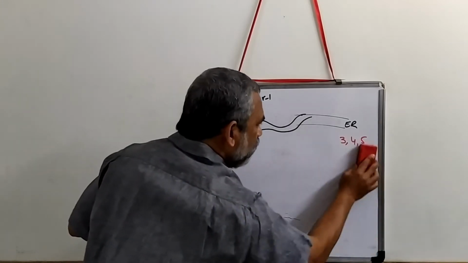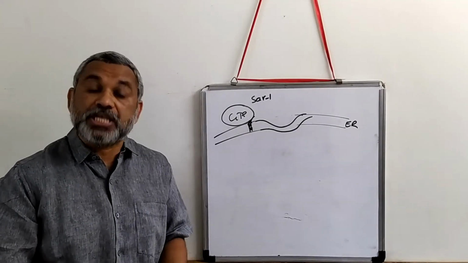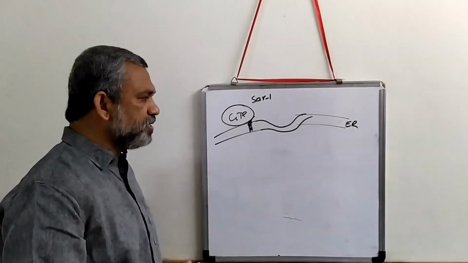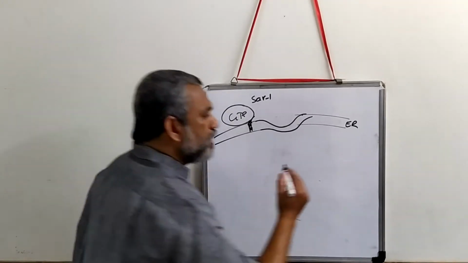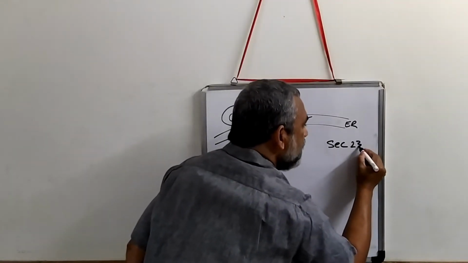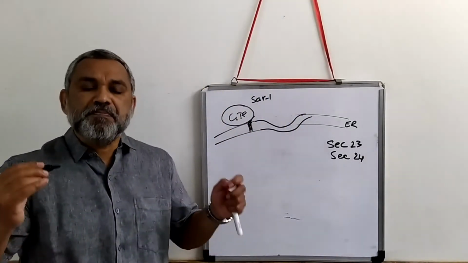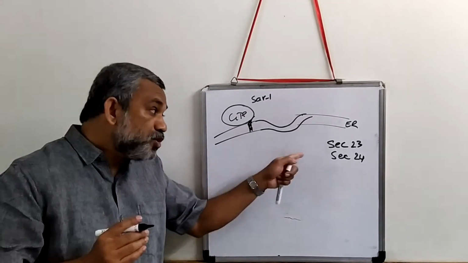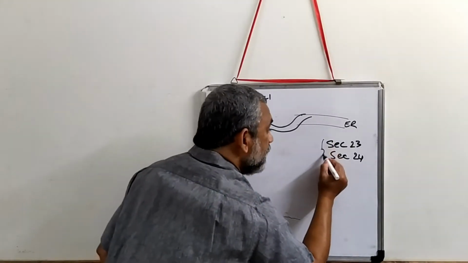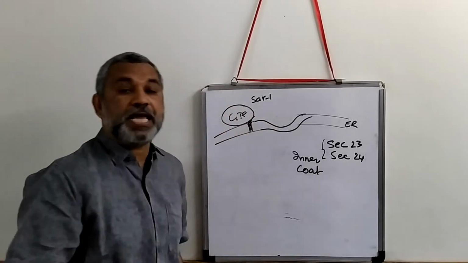There are many coat proteins, especially when we are talking about COPII coat proteins. Major components are the coat proteins SEC23 and SEC24. These two important coat proteins form the inner coat.